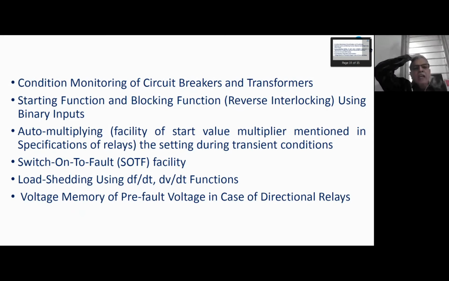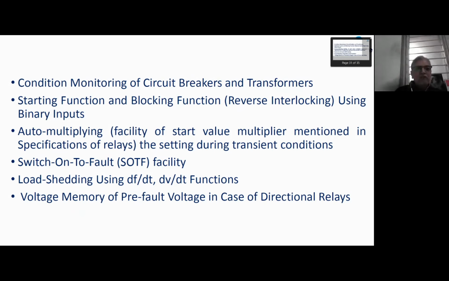So the relay remembers how many times the circuit breaker has operated, and it gives you a signal, an alarm, a reminder, as there is a reminder in your mobile that today is the birth date of your friend, and you wish him. Similarly, the relay will tell you whether the circuit breaker and similarly the transformer require maintenance.